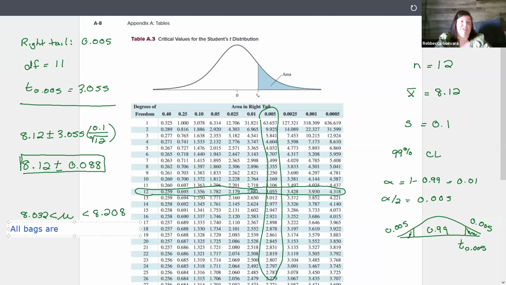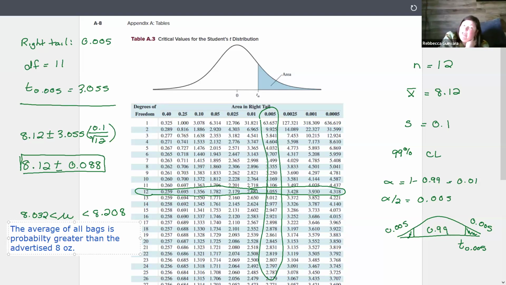So one of the things I could say here is that the average of all bags is probably greater than the advertised 8 ounces.